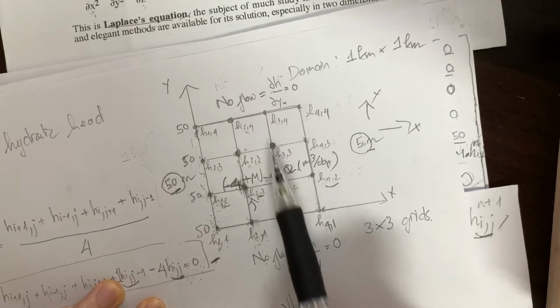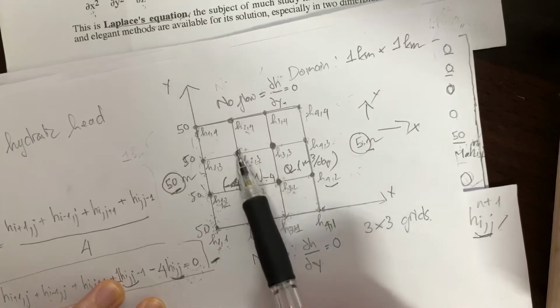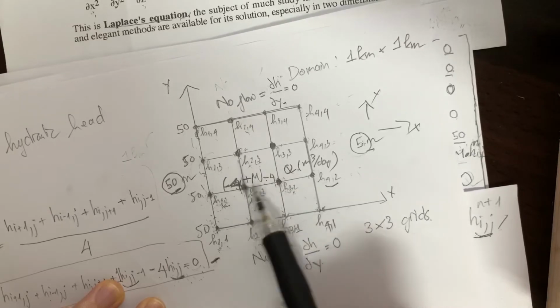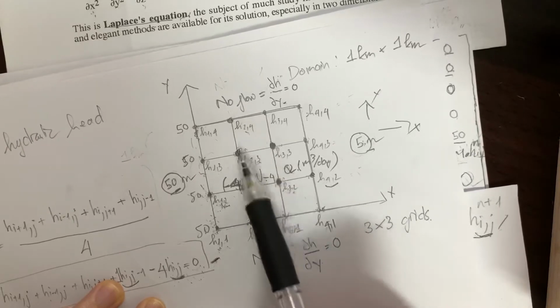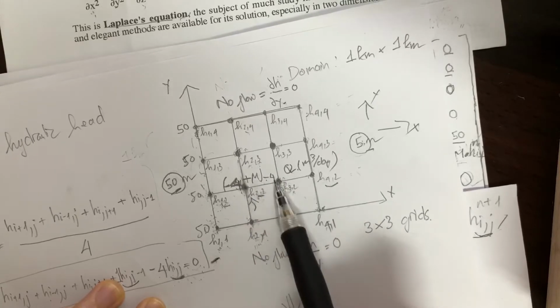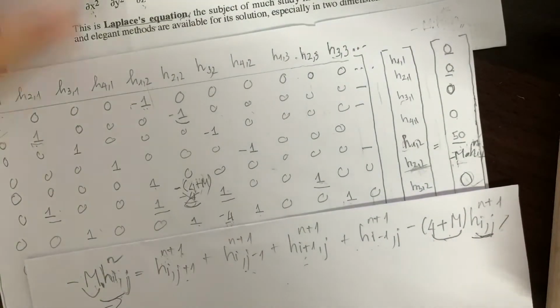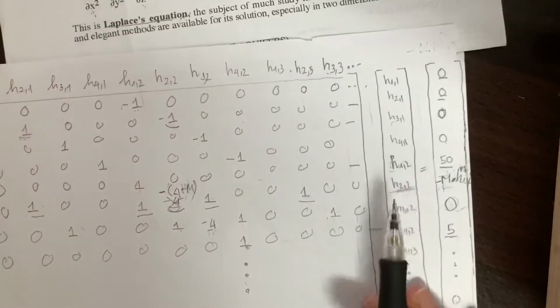The difference is just that you change the way to solve the interior points here. So just one small difference.